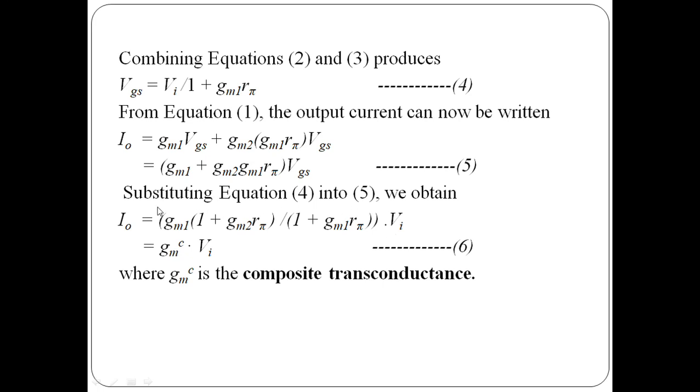In this expression, gm1 and gm2, the current sources of transistor 1 and transistor 2, are combinedly written as a term called the composite transconductance. From this equation it is clear that the total current obtained for this BiCMOS Darlington is more when compared to the other cases.